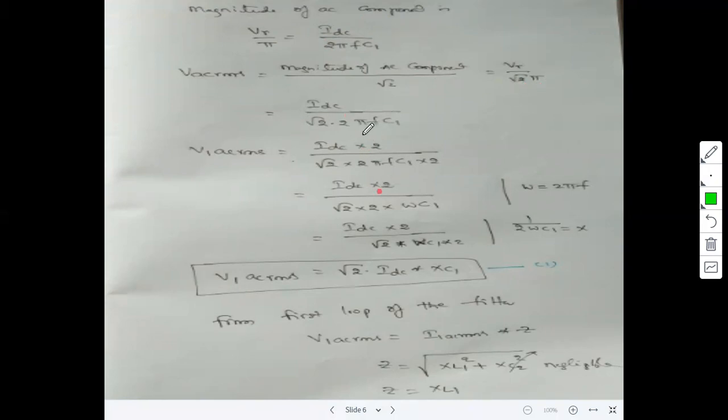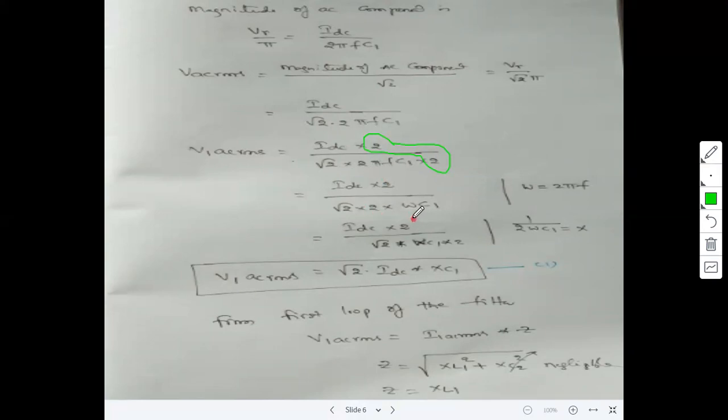Now simplify, normal simplification: IDC by root 2 into 2 pi F C1. Just multiply and divide by 2, remaining everything is same. Now IDC into 2 by root 2 into 2.